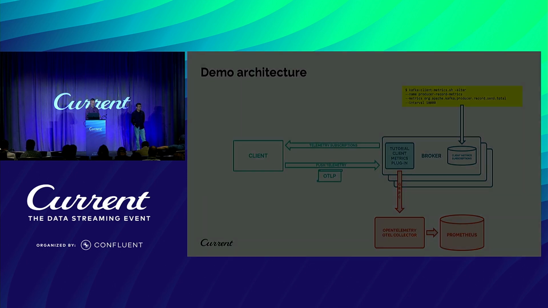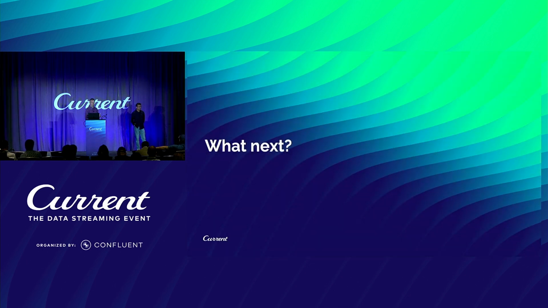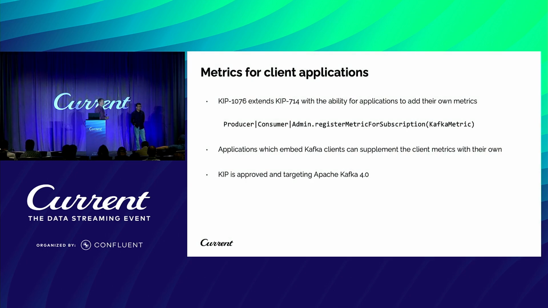So let's talk very quickly about what's next. There is another KIP called KIP 1076, and this gives applications the ability to add their own metrics. Now, you could do it for your own applications. You could have com.acme.payroll metrics. That would work.